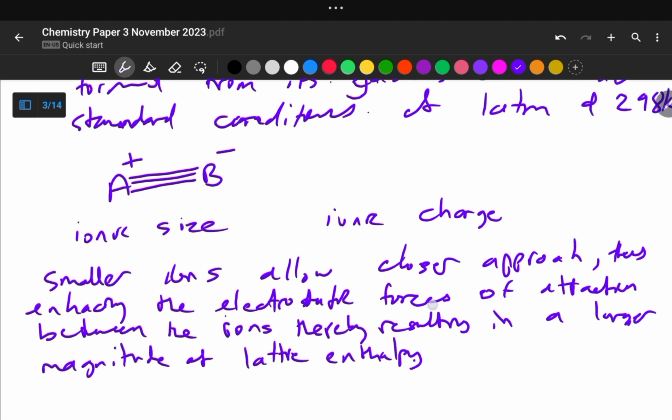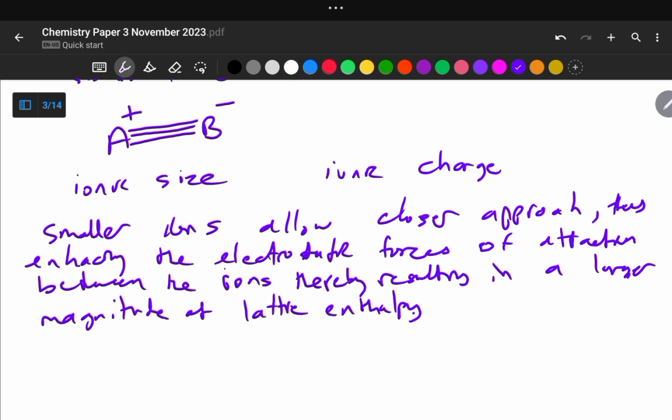And then we can also say that the higher the charges, the stronger the lattice enthalpy, or the bigger the magnitude of lattice enthalpy.